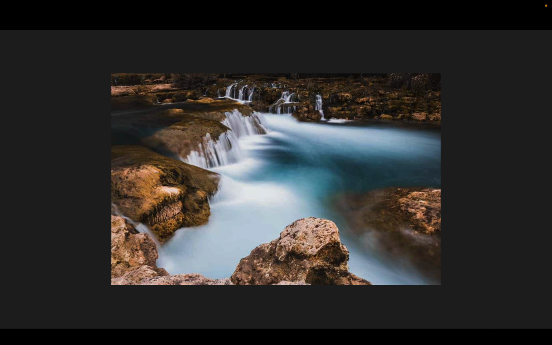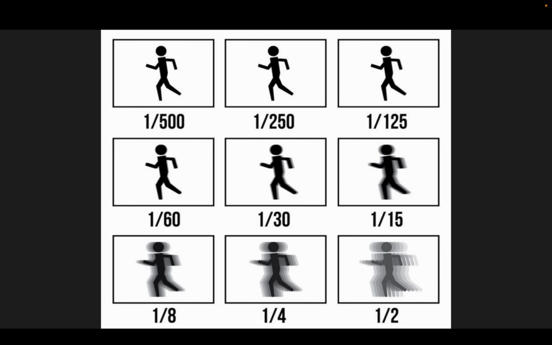And the effect of getting this beautiful, milky look for a waterfall is done with a long exposure, as we would call it, which is a long shutter speed, with the shutter open for a long amount of time.